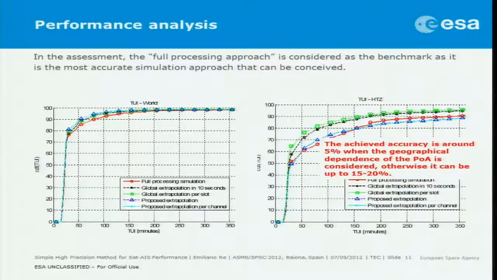Whereas when you don't consider this and you're just considering a single probability of detection curve all over the globe, your accuracy goes down to 15 to 20%, which is, let's say, not really acceptable when you design a system, because you could end up oversizing or undersizing your system.